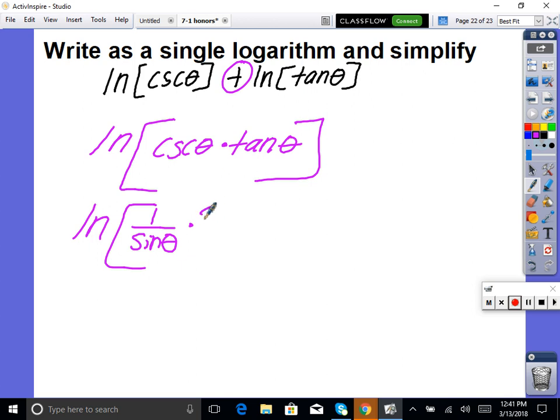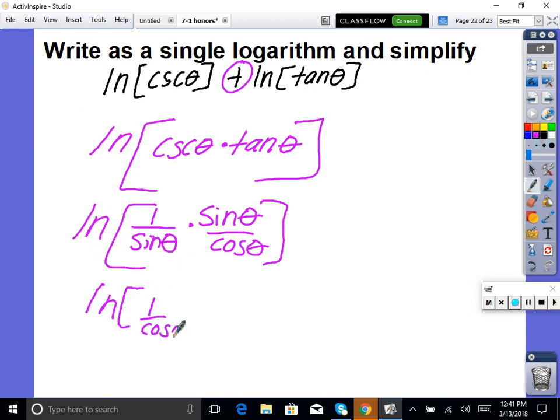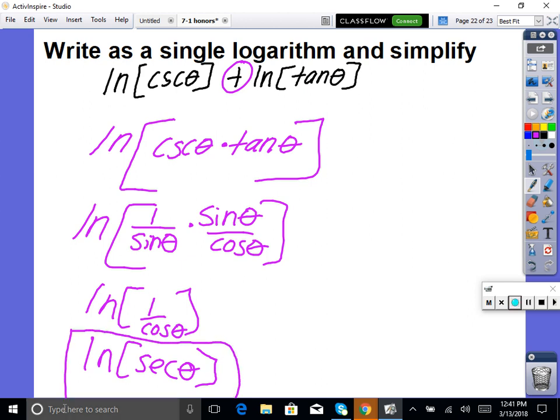Tangent is sine of theta over cosine of theta. So we're looking at the ln of 1 over cosine theta, aren't we? So we're looking at ln of secant theta, and that's as pretty as it gets. Just using your logarithm properties.